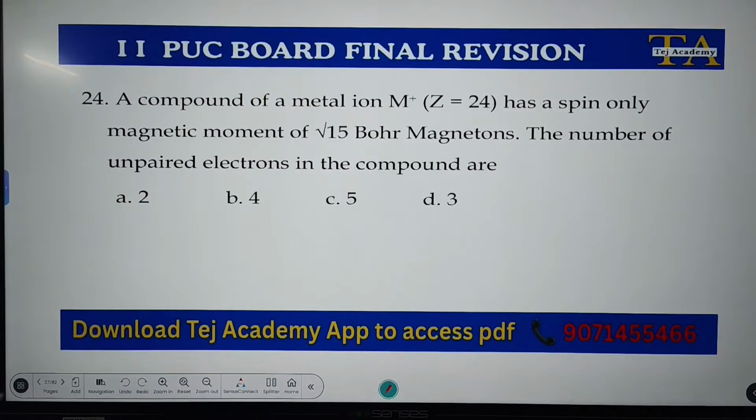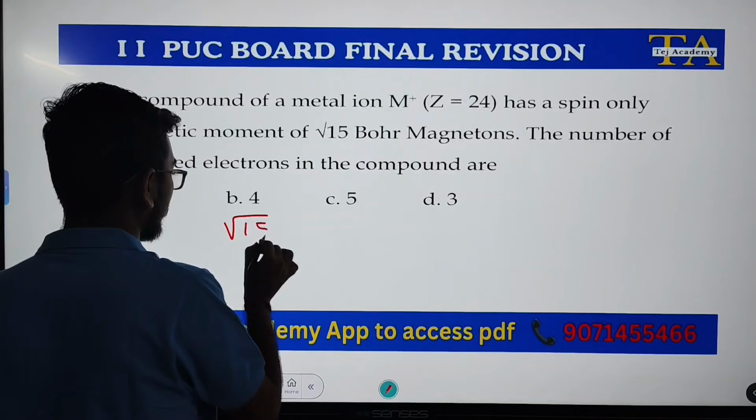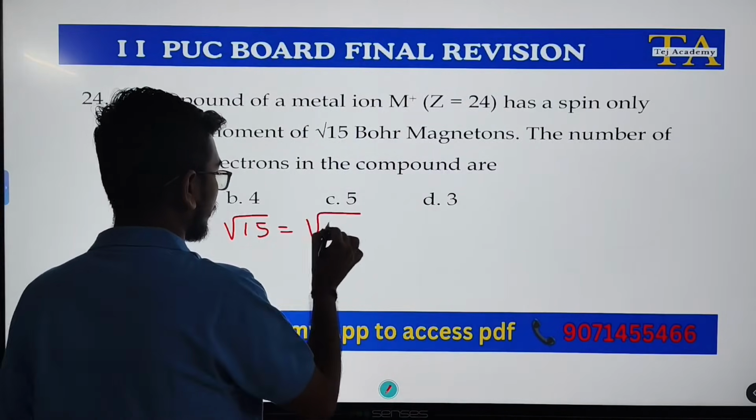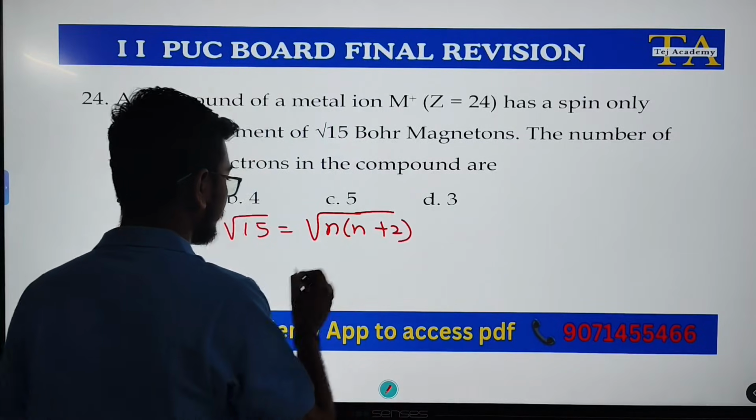So 24th. A compound of metal ion M with Z equals 24 has a spin-only magnetic moment of 15 Bohr magneton. The number of unpaired electrons of the compound. So they gave already the value, square root of 15 equals square root of n into n plus 2.